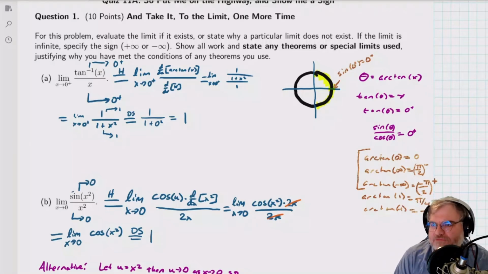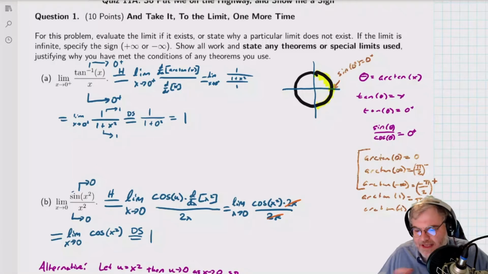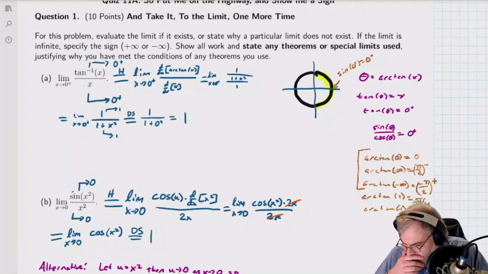So how do we feel about that? Kind of finding arctan of 0, figuring that out. Of course, you can also memorize it. That's fine too. But how do we feel about this kind of reasoning on that one? And if you want to memorize these other ones, there are a couple of others. Arctan of 0 equals 0.